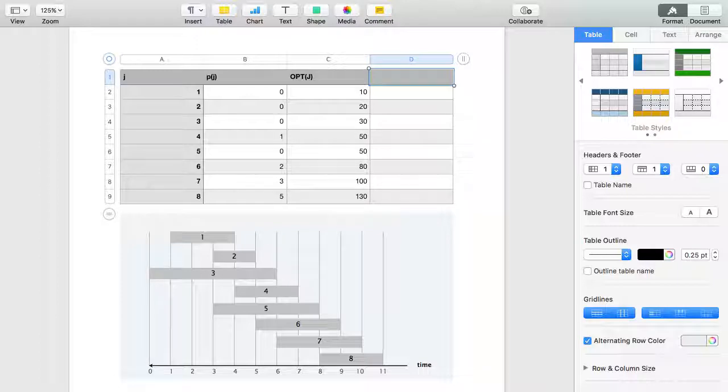And how long does calculating P of j take? The naive version, for every element, I need to look at all of the previous ones to find the highest one that doesn't overlap. So it's n squared, roughly n squared over 2. Does that make sense?